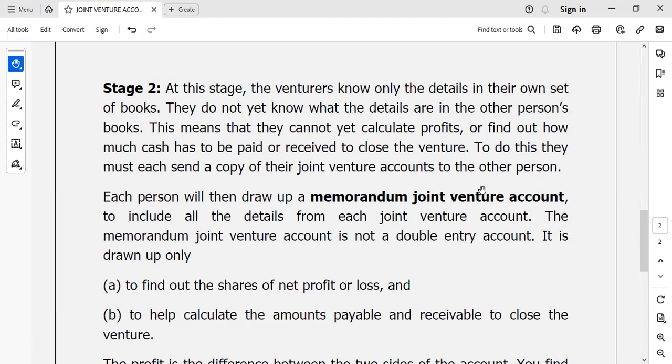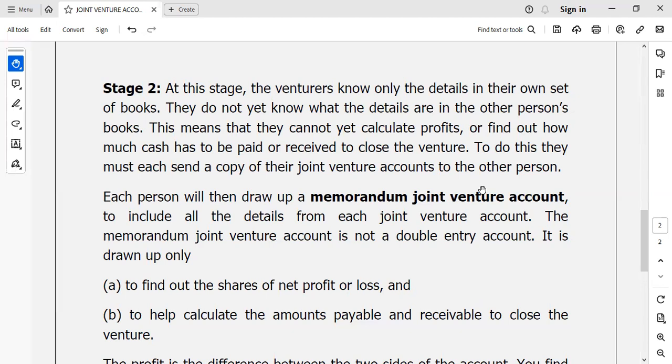To do this, they must send a copy of their joint venture accounts to the other person. So I send you a copy of my joint venture account. You also send me a copy of your joint venture account. When you receive the copies of the other person's joint venture accounts, now we can draw up what we call a memorandum joint venture account.